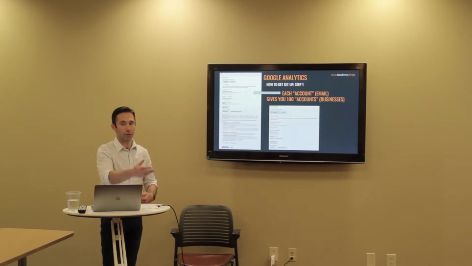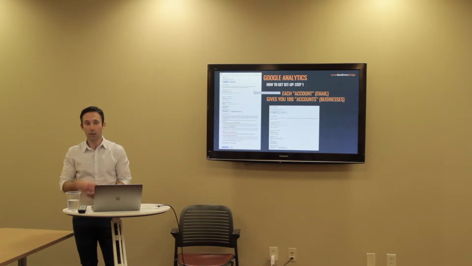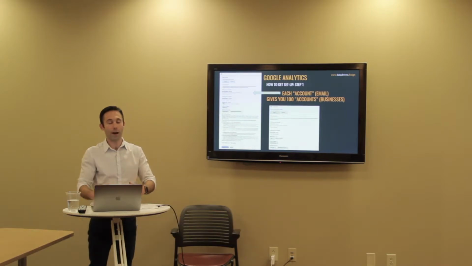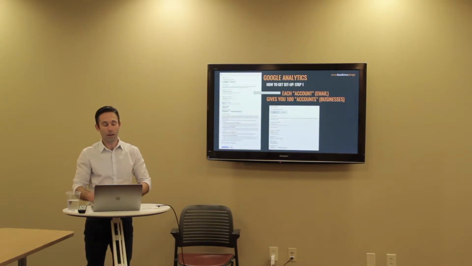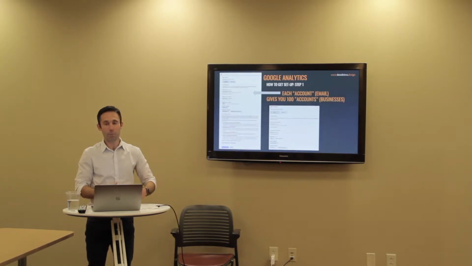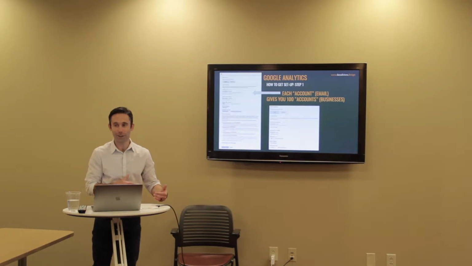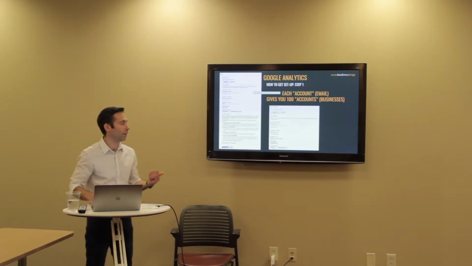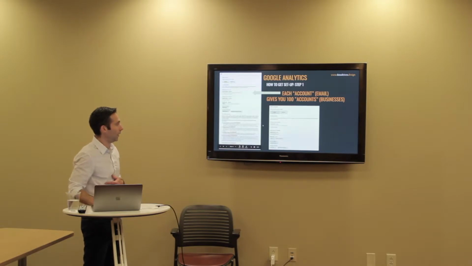Especially if you're going to be managing multiple clients, because what ends up happening if you do it at the property level, which I'll show you in a minute, is you end up having multiple clients under the same property, and then you can't give the client access to their Google Analytics account without giving them access to all of your clients' Google Analytics accounts. So this is kind of the main point here.